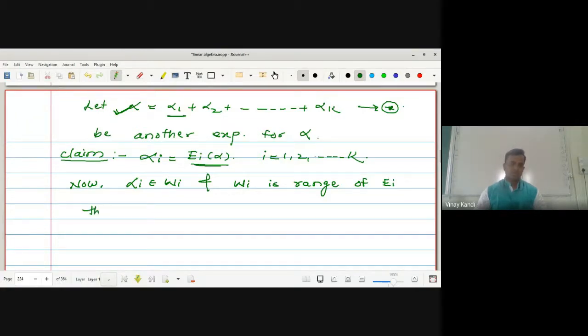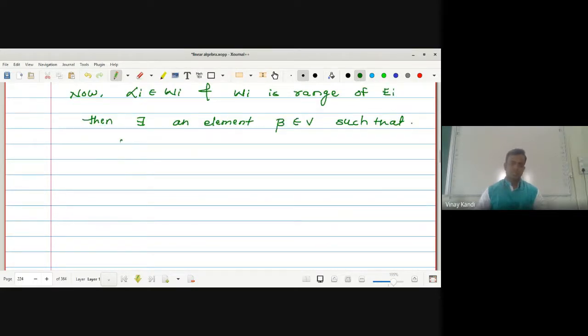So then there exists an element beta belonging to V such that EI of beta is equal to alpha I. Is it correct? Because this is equation number 6. Yes, sir. Okay, 4 and 5 were given.